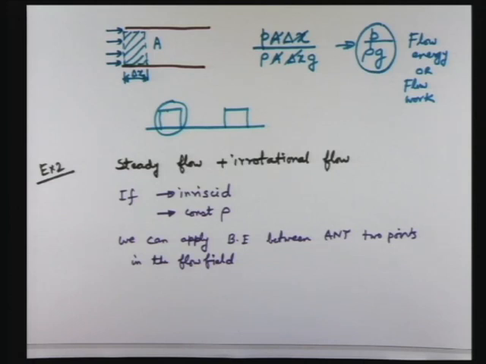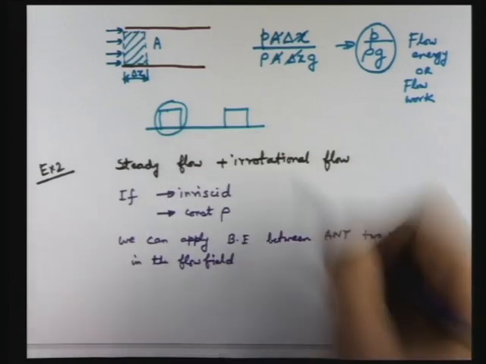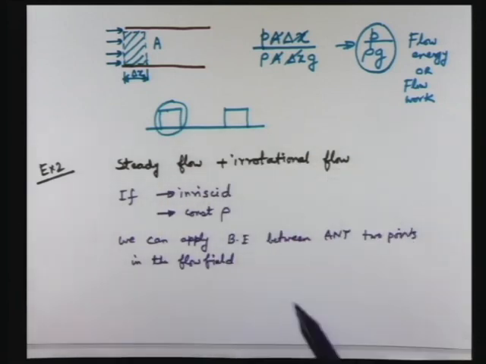If we are considering 2 points along a streamline, then you can use Bernoulli's equation with all other restrictions valid, even if it is not irrotational. But if it is irrotational, then the 2 points 1 and 2 need not be located on the same streamline.